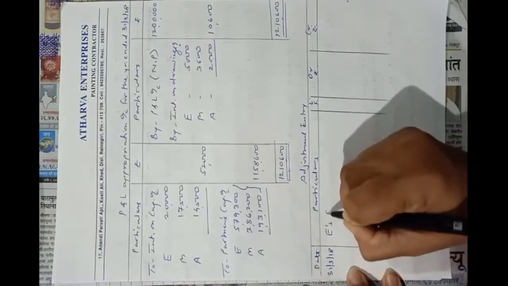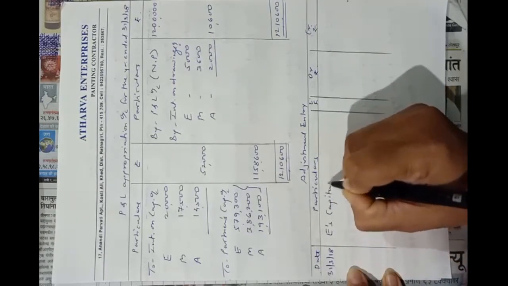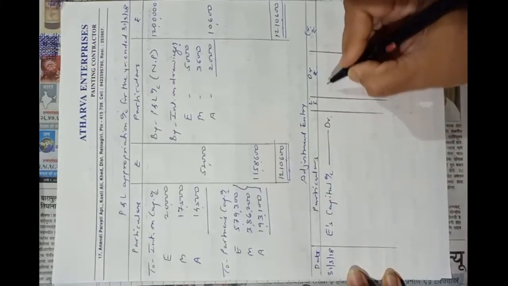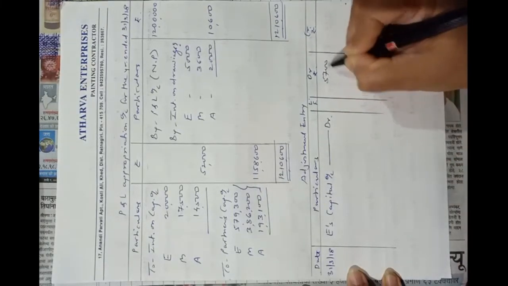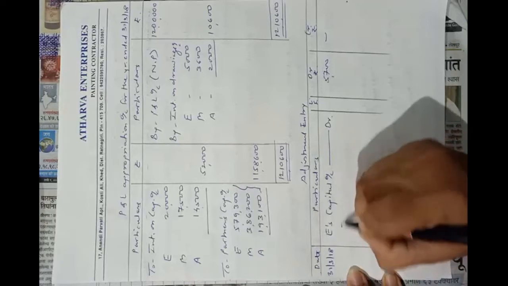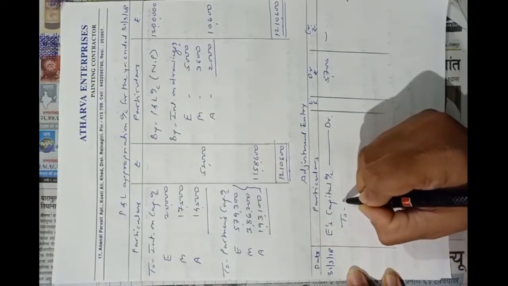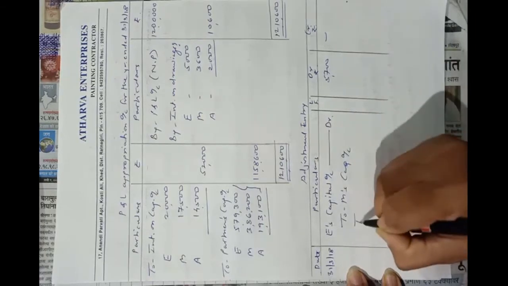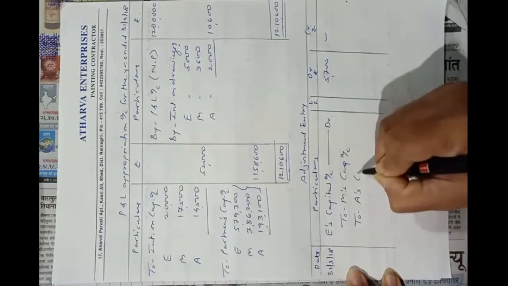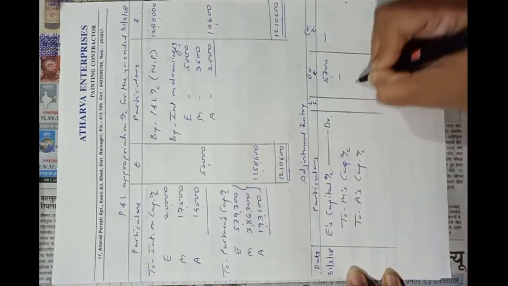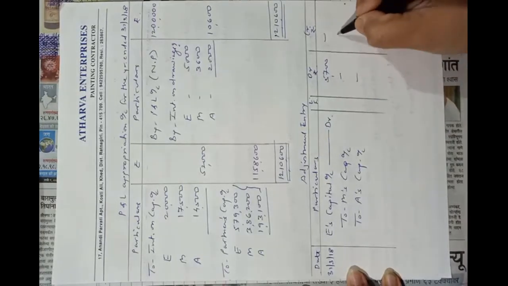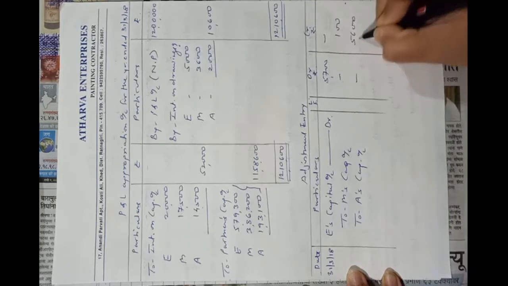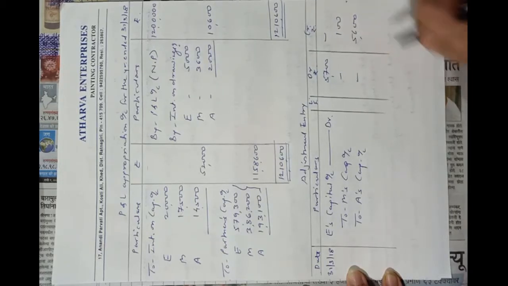So E's capital account debit rupees 5,700 to M's capital account and to A's capital account. M's capital account will be credited by rupees 100 and A's capital account will be credited by rupees 5,600. Okay.